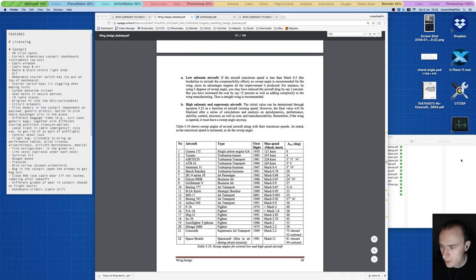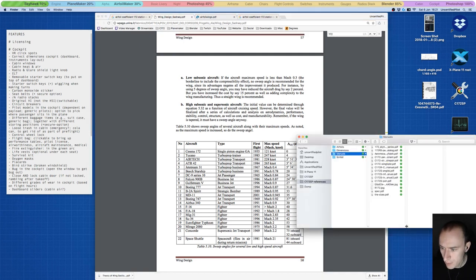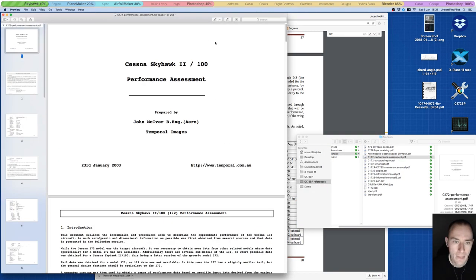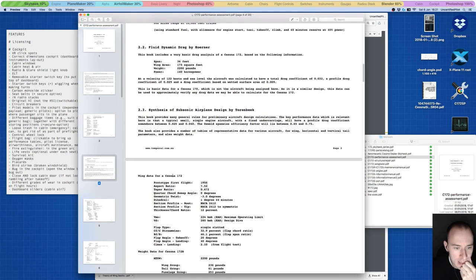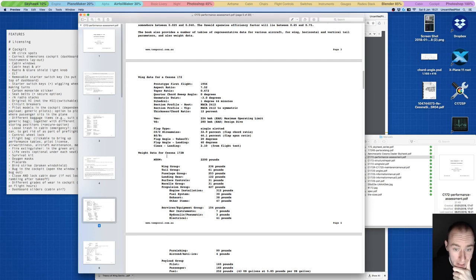The performance chart Martin referred me to or reminded me of. That's this one. Yes. Yeah, there are a lot of numbers. But what we need to find is CL and CD. There's also something that we can look at perhaps. Wing data for the 172. Thickness 12%. That's something that we can put in PlaneMaker already.